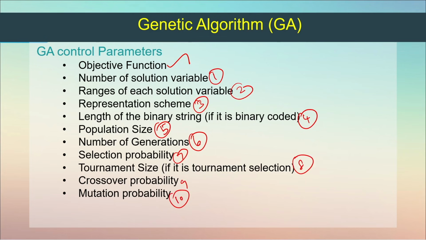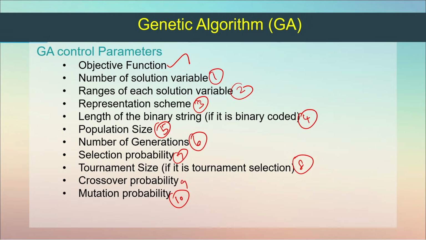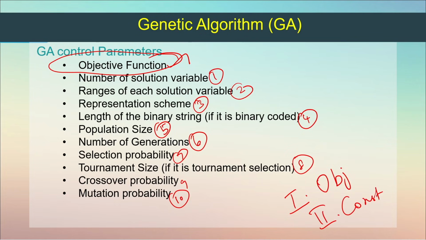See, there are 10 control parameters in general to proceed with a genetic algorithm, all related to the objective function. To solve any optimization problem using a non-gradient based search method, the first requirement is the objective function, the second requirement is constraints.